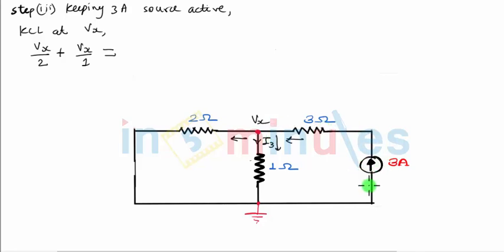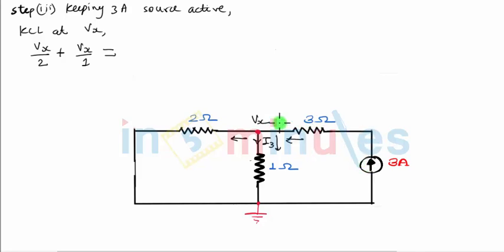In such a case, one may ask what is the contribution of this 3 ohm resistance? There is no contribution of this 3 ohm resistance in deciding how much current will flow in this branch because of this fixed value constant current source. And hence, any resistance that comes in series with a current source will become redundant, and it will not affect the value of the current in that particular branch.